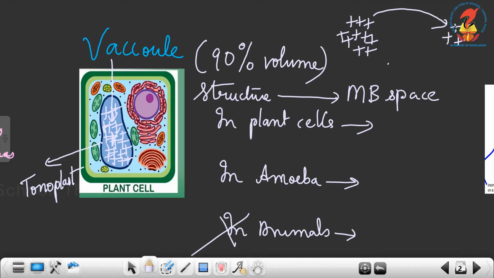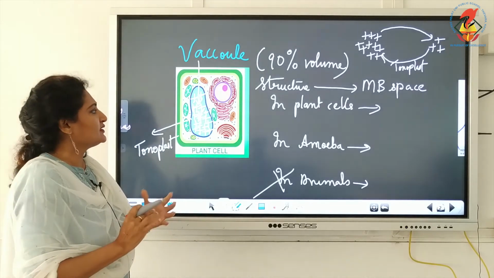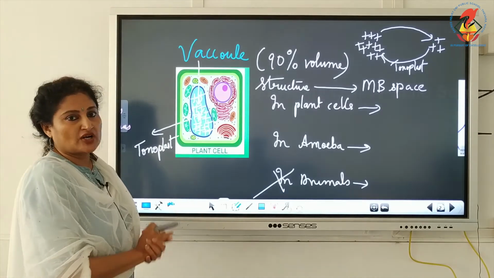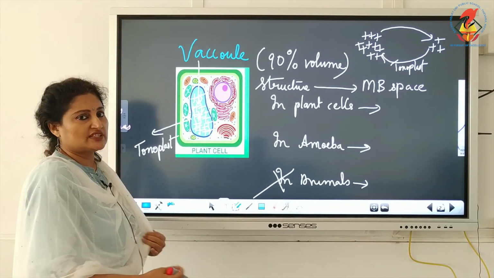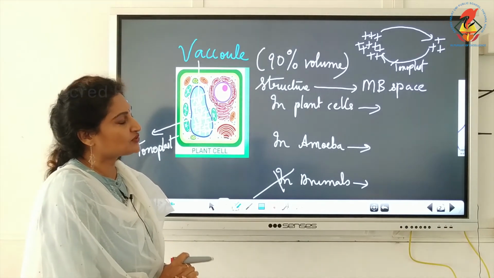But here, the tonoplast is unique. It allows the reverse movement of ions from a region of low concentration to a region of high concentration, against the concentration gradient. So that is the property of this tonoplast, and hence the vacuole in plants is richly accumulated with ions, positive ions and negative ions.